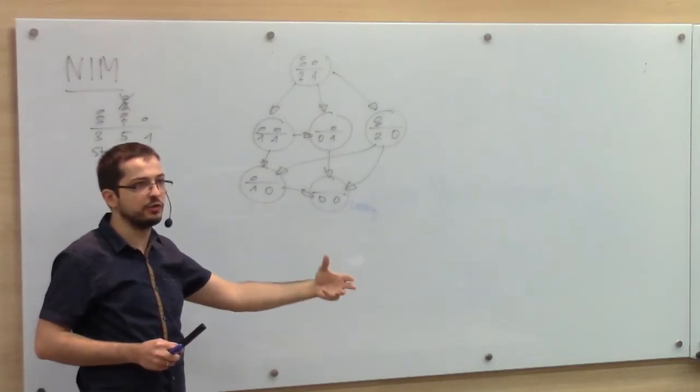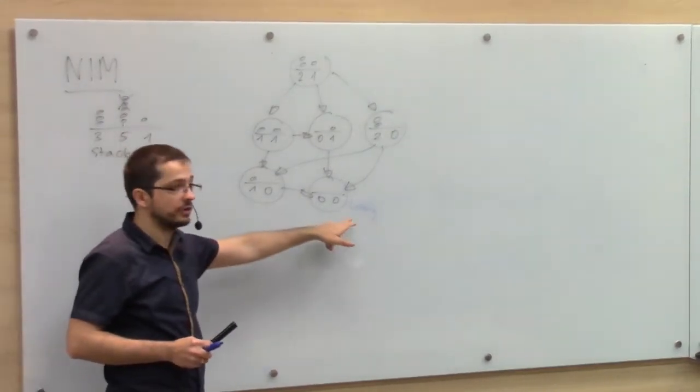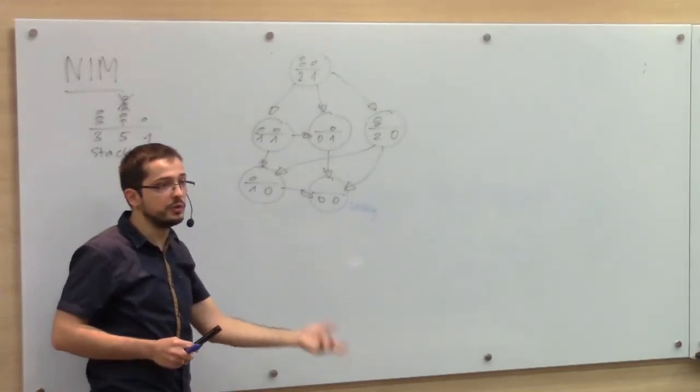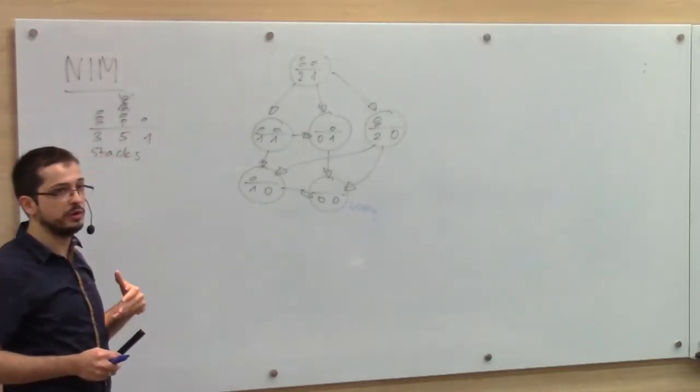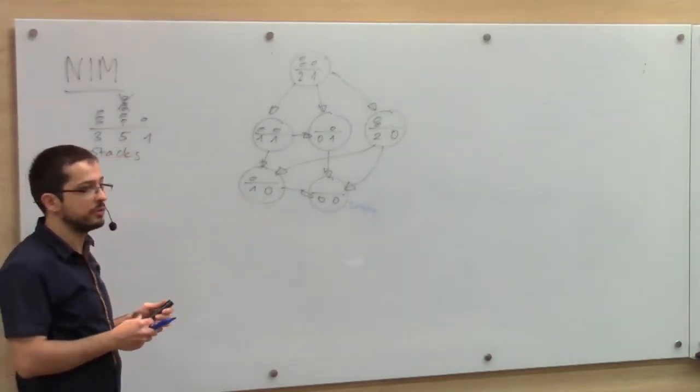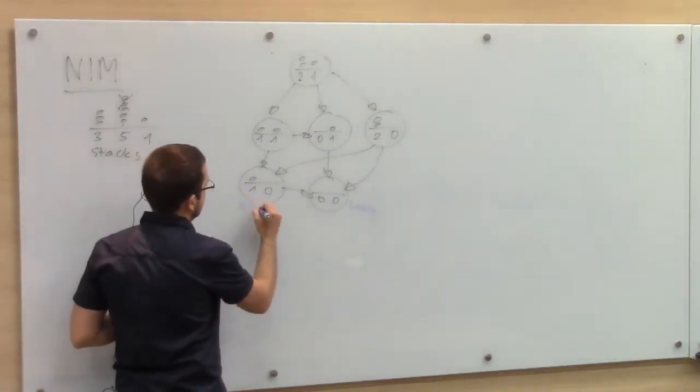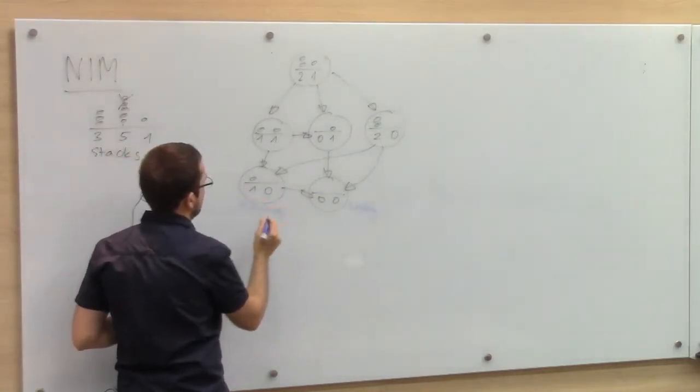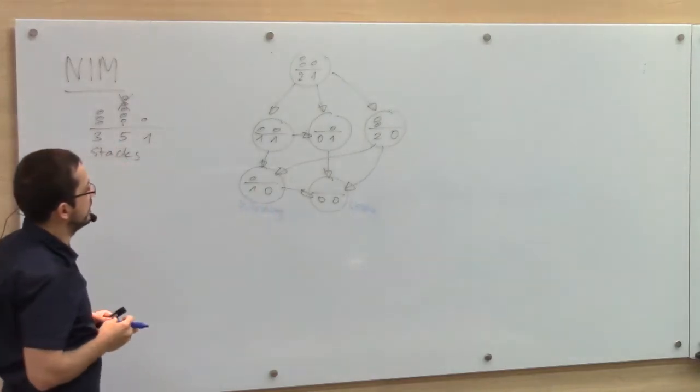So this is the position for our opponent, and this is losing for the opponent. So we know that for us this position will be a winning position. So this one is winning for the first player.